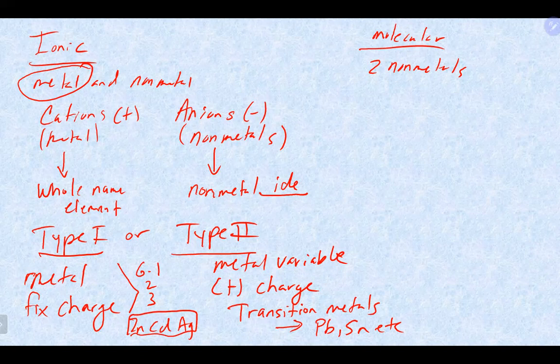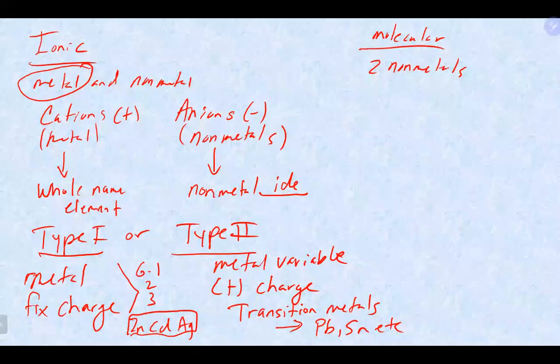Although they're not technically transition metals, they are named basically the same way. As we'll talk about today, we need to do an additional step when we name type 2 versus type 1.